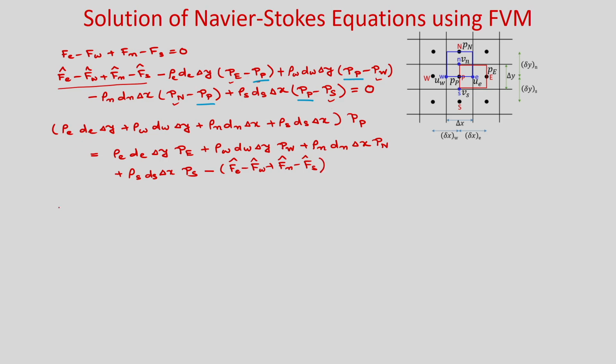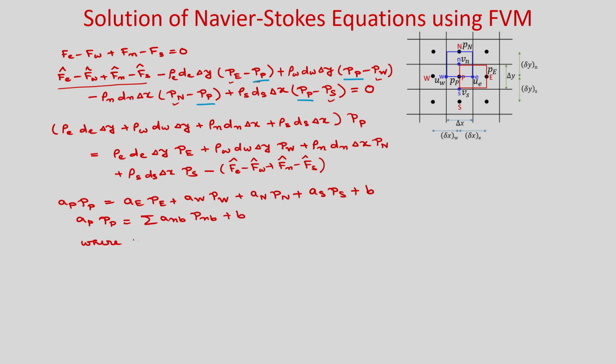So, now this you can write as Ap Pp is equal to Ae Pe plus Aw Pw plus An Pn plus As Ps plus B, okay, or Ap Pp is equal to summation of Anb Pnb plus B, where Ap is equal to Ae plus Aw plus An plus As.